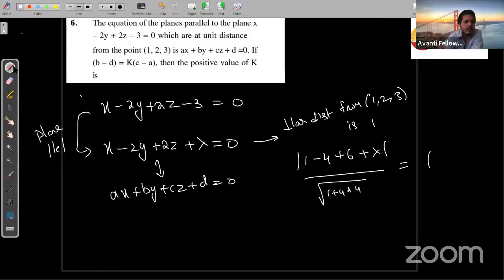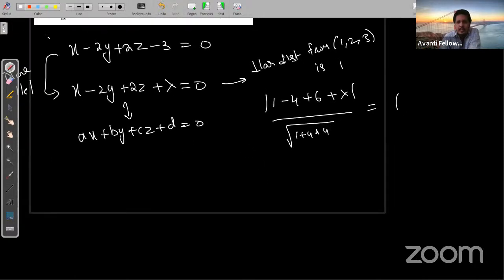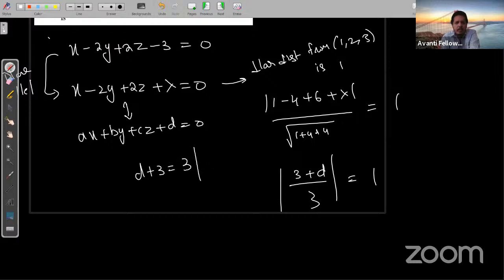Okay, so lambda is nothing but d. You can take it as d. So modulus of 6 minus 4, 3 plus d divided by 3 is equal to 1. So what can I say? d plus 3 is equal to plus 3, or d plus 3 is equal to minus 3.